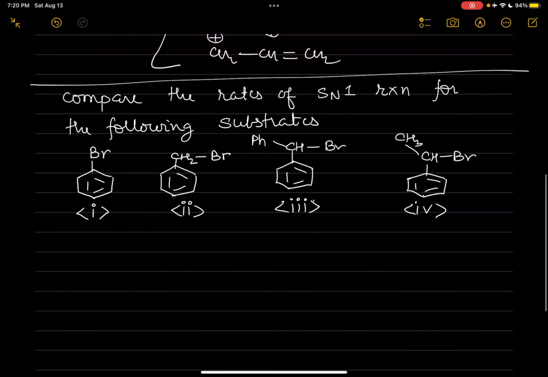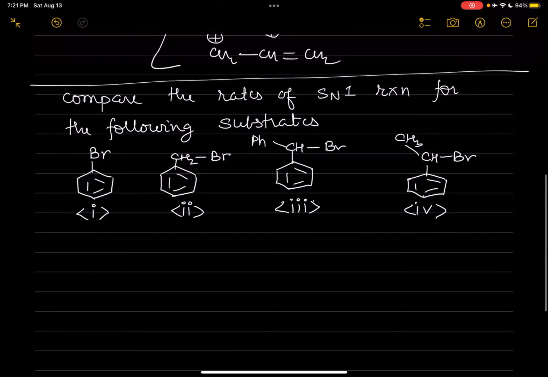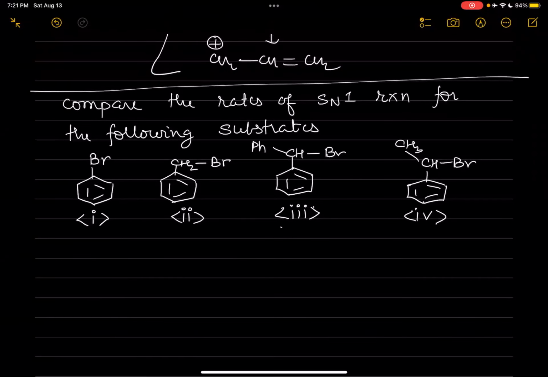In the third, it will be the most stable, because it has two benzene rings.